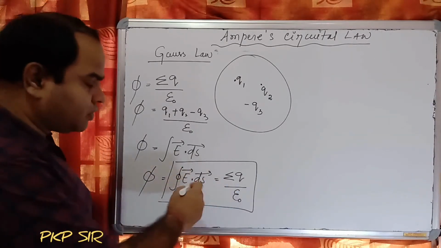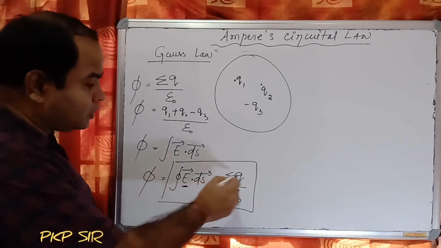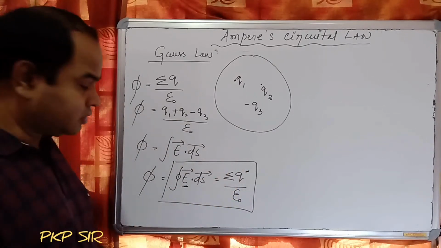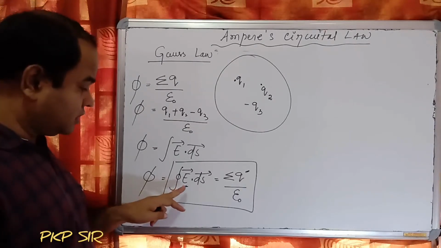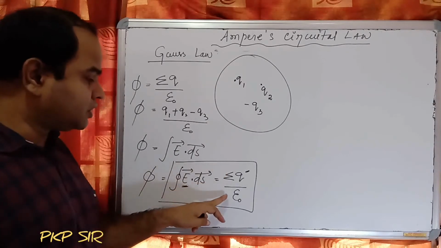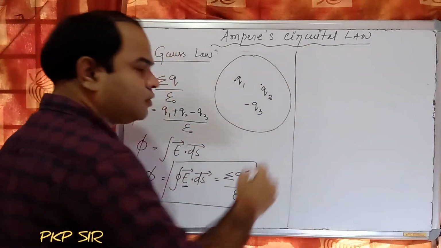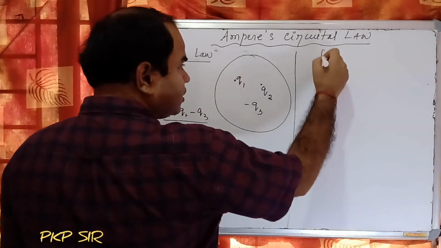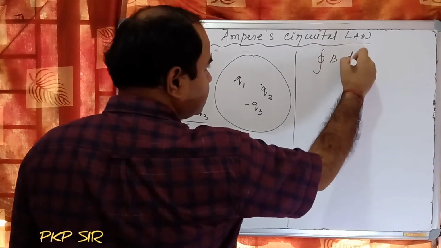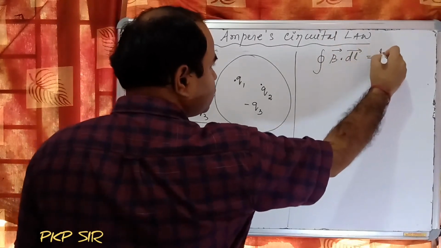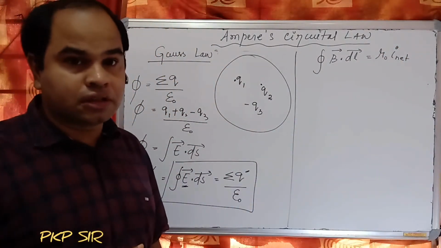Just like this, Ampere's circuital law says the closed line integral of B dot dl is equal to mu naught times the total current in the loop.